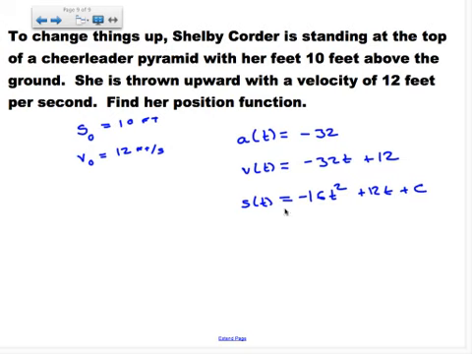And what's that constant? Well, if time is 0, those first two terms cancel, and you get c is equal to s naught, and s naught is 10 by the given in the problem here. So for this problem, this would be the position function for Shelby, or Shelby's feet, I guess, above the ground.